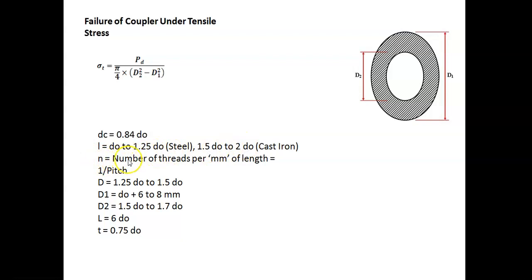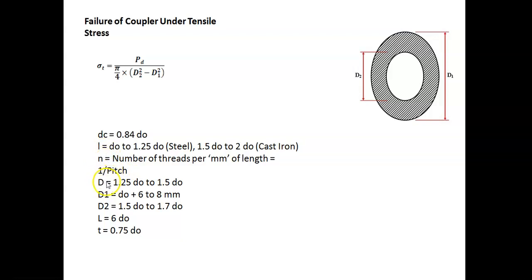Then small n is the number of threads per unit length, which is equal to 1 upon pitch. The pitch value can be known from the table given in the question, for a particular DC value, that is the core diameter. So 1 upon pitch is the value of small n.